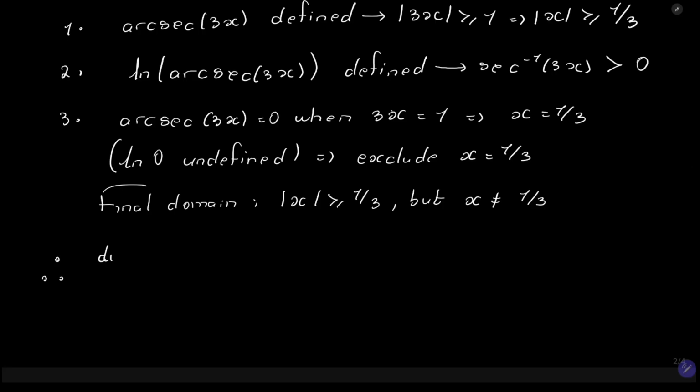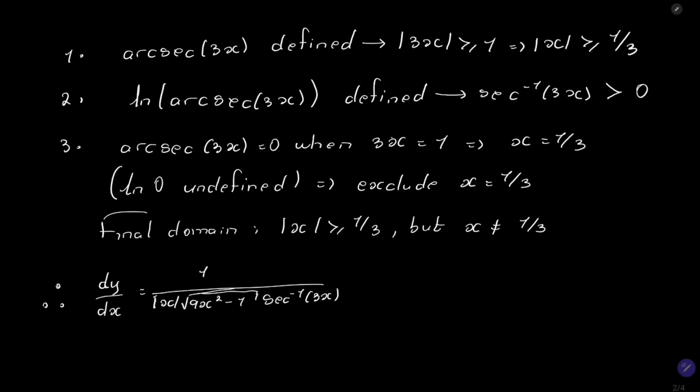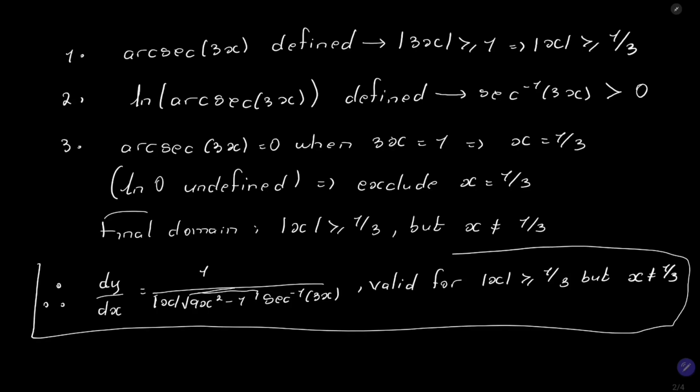Therefore, the derivative dy on dx is equal to 1 on absolute value of x square root of 9x squared minus 1 into sec inverse 3x, valid for absolute value of x greater than or equal to 1/3, but x not equal to 1/3. And this represents our final solution.